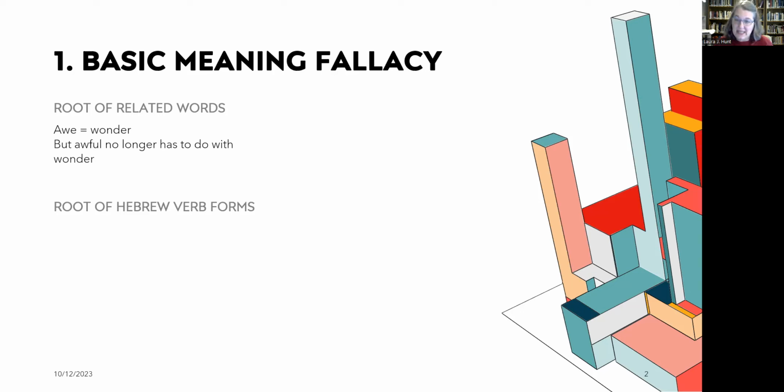This is specific to Hebrew. It might be less relevant to you until and unless you learn Hebrew, but it's important just to know the ways verb forms and language forms work. So Hebrew has a basic verb stem that's called kal, and there's another verb stem which is called hifil. When you take the kal stem of the verb, we often think of that as the basic meaning of the verb.